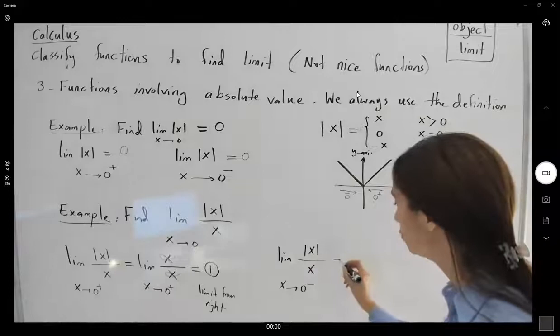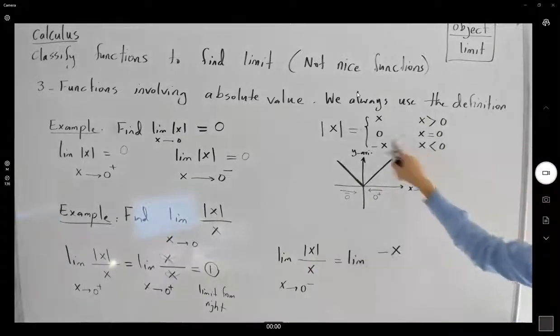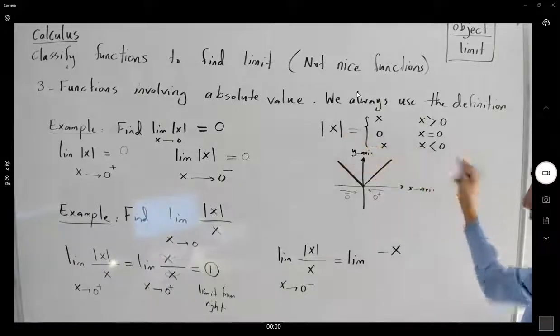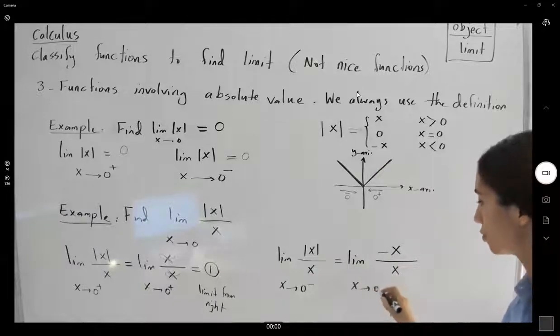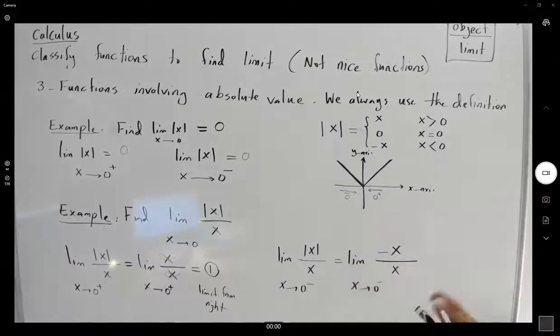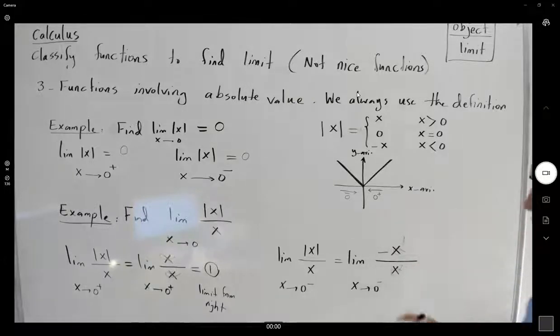So on the numerator, you get minus x, the definition of absolute value, divided by whatever is on the denominator, x, as x approaches to 0 from the left. Well, I can cancel out x and x. What's left? The negative sign. What's the meaning of that? It means that I ended up with -1. So this is limit from left.